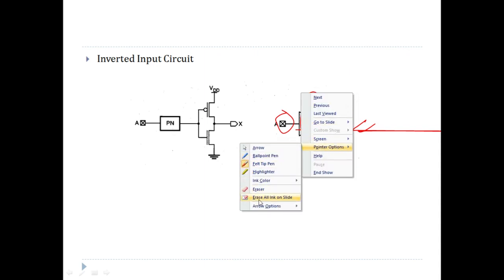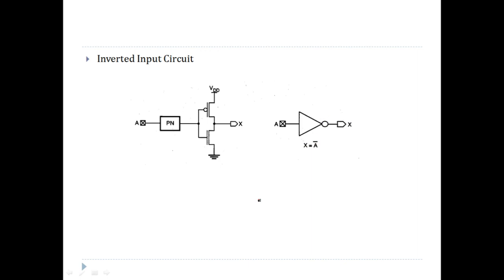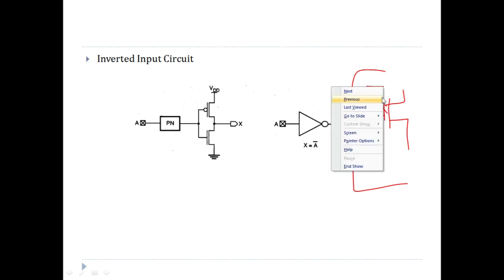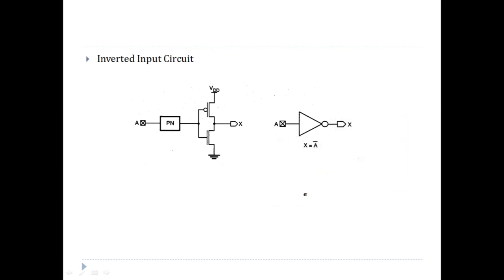Apparently, one of the limitations of this type of circuit is that the input is in an inverted form. So when your circuit is expecting to have A, you will actually get A bar. Of course, it can be managed by connecting another inverter, or you can design your logic accordingly with the inverted inputs.